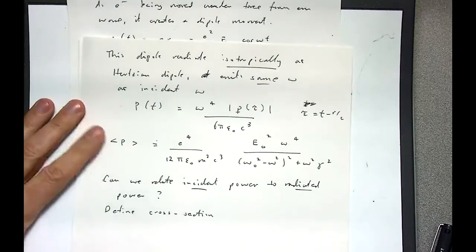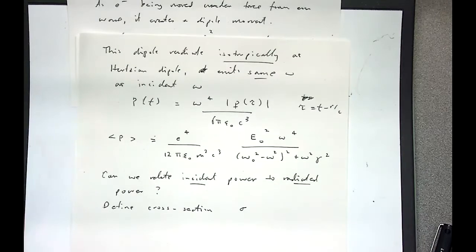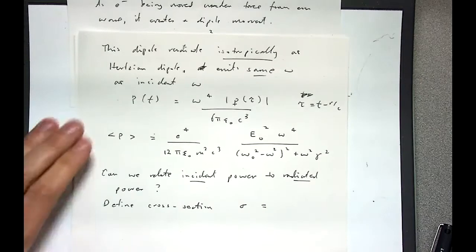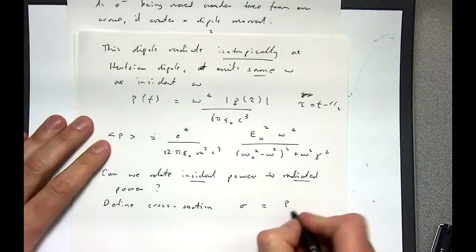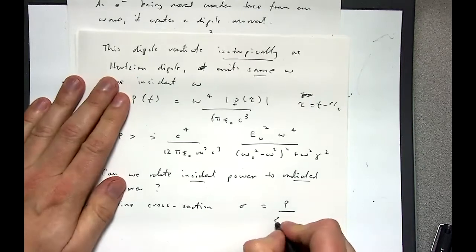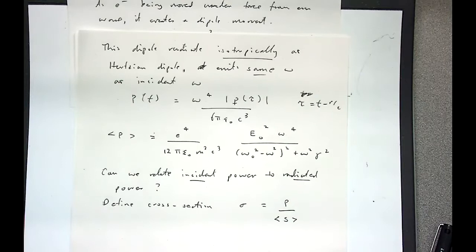Okay, but what we're doing is we're saying, I'm defining that the electrons in the atoms have an effective cross-sectional area sigma. This is called a microscopic cross-section. So it's written as a little sigma. And you can see just by comparing units, if P is the radiated power in watts per second, and S is the incident power in watts per square meter per second, then sigma has units of meter squared, as it ought to. Yeah?